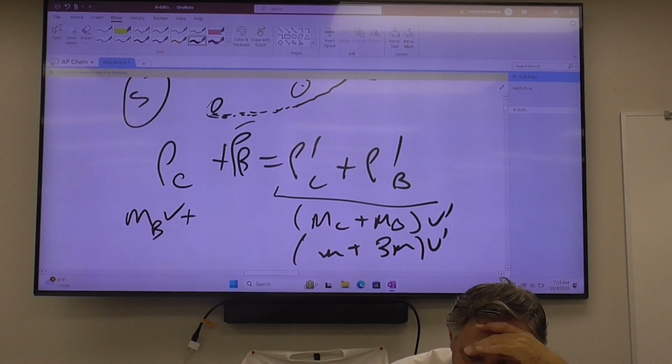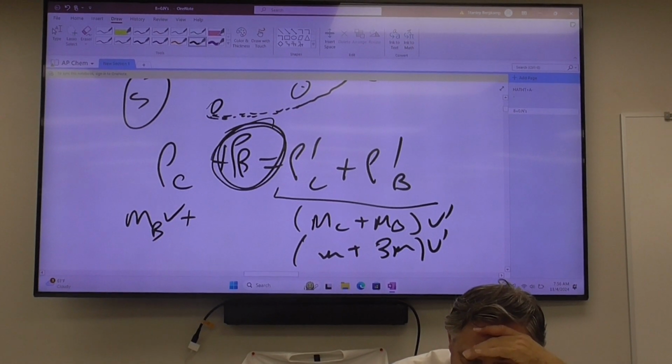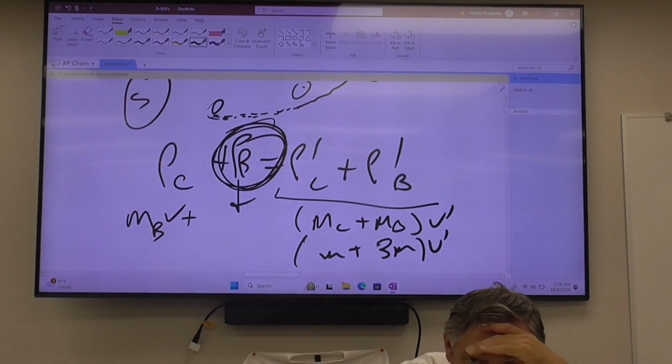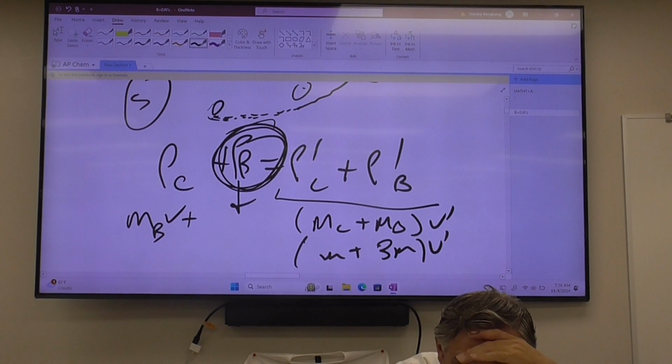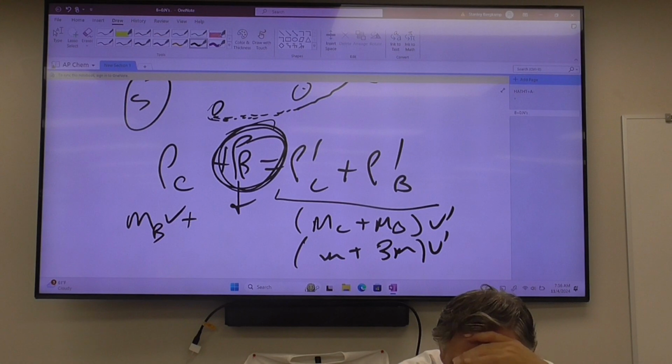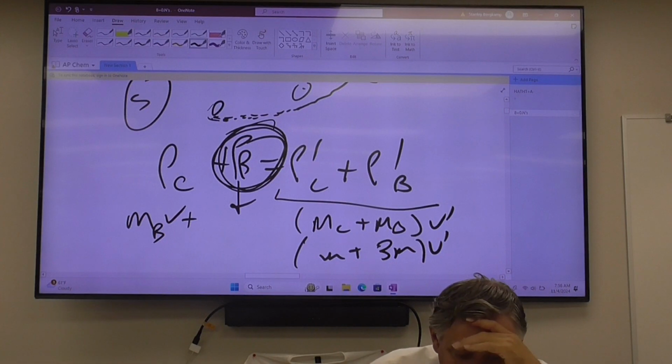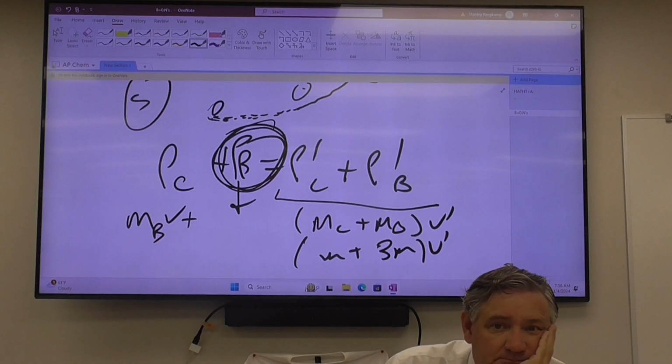Now, the other thing here is that they gave you information about this velocity, which isn't 0, because it's moving, and then it's just doing the math. Does that make sense? Kind of.